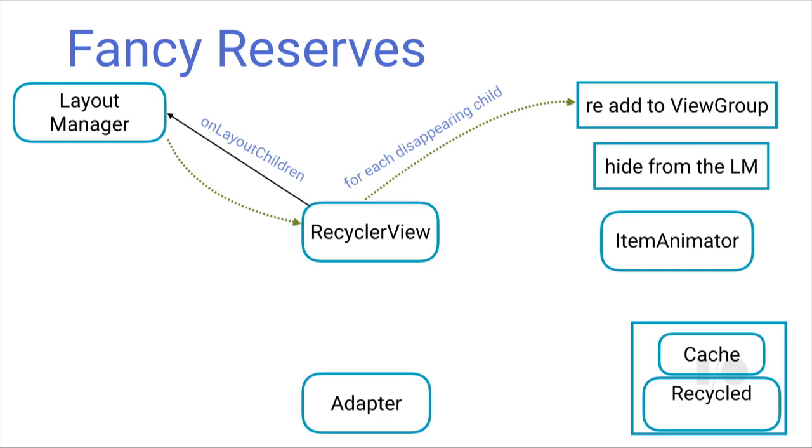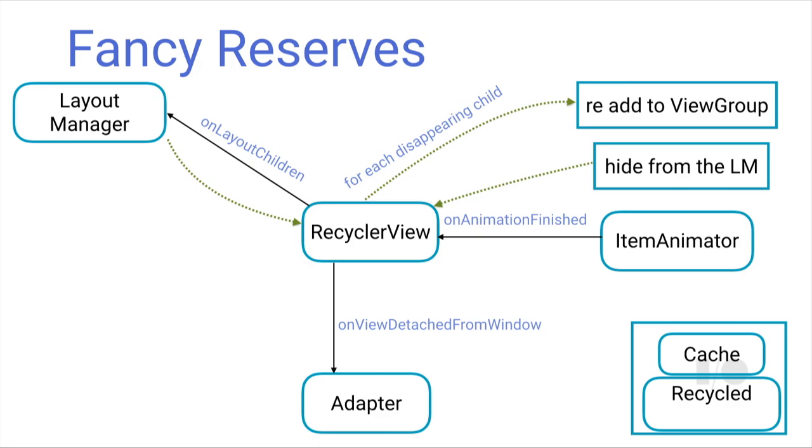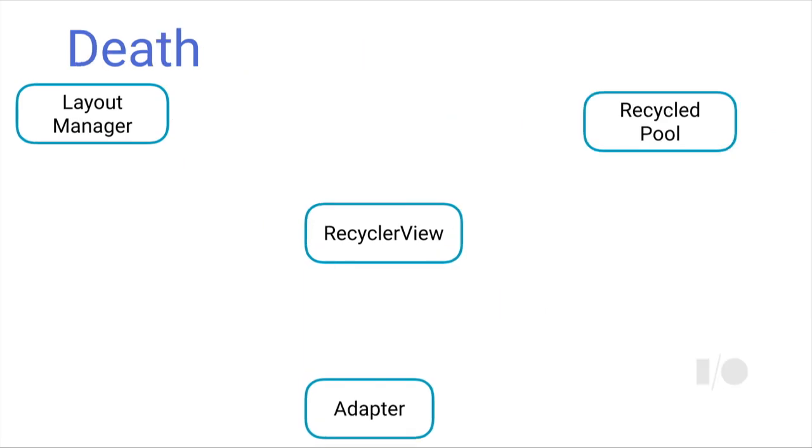We will go into the details of this later, but basically, the list of children from the layout manager's perspective is not the same as the children of the view group. We tell the item animator to animate these children, and when the item animator says, okay, I'm done with these views, you can do whatever you want, then RecyclerView will remove them. We will tell the adapter they are going away, and then we will recycle them.